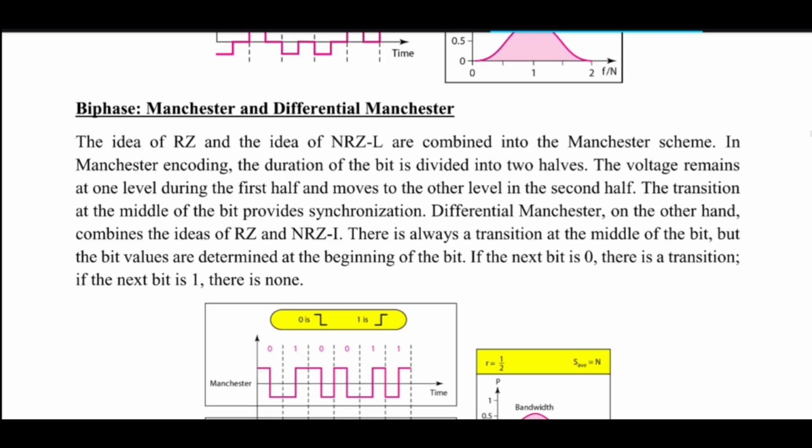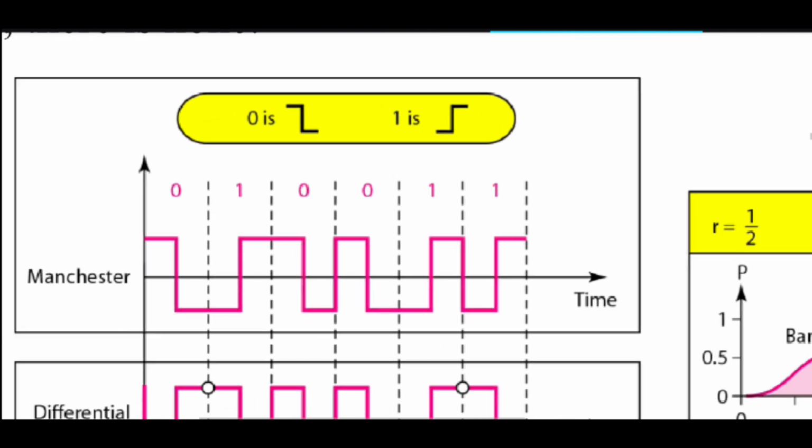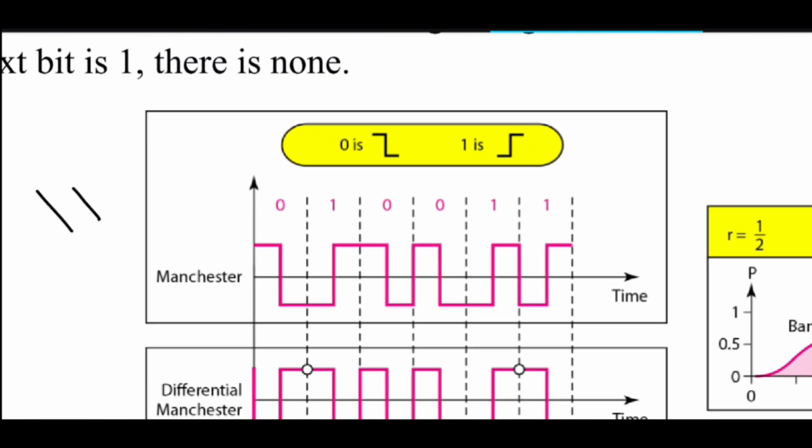Then there is another, Manchester and differential Manchester, and this is mainly our IEEE 802.3 model.